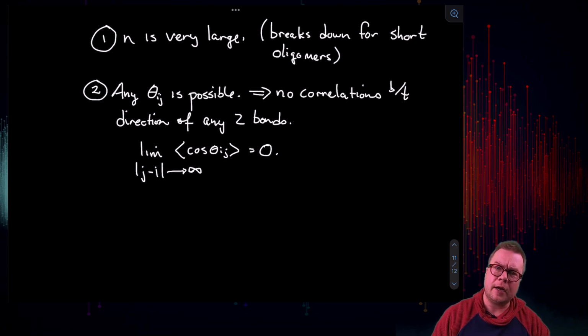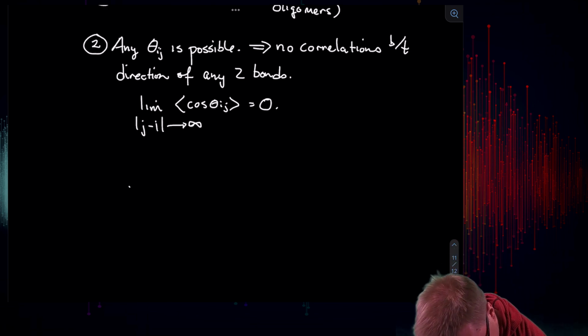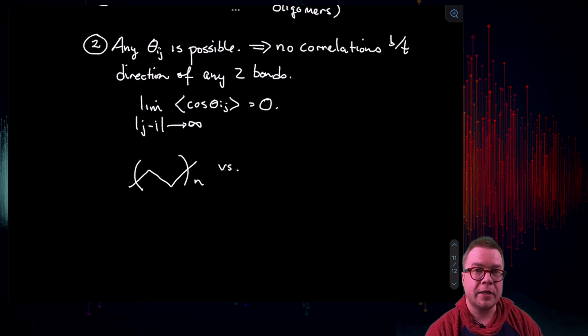So that's kind of assuming a lot, right? Because really, if you think about polymer chains, let's look at something like polyethylene versus something like polystyrene.